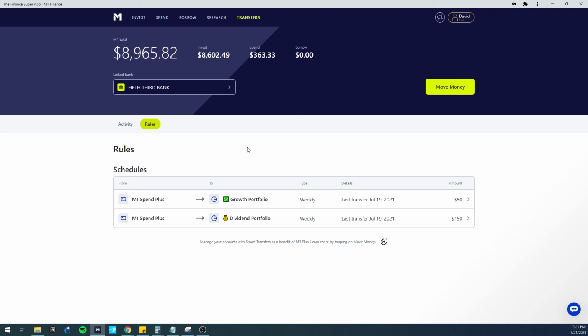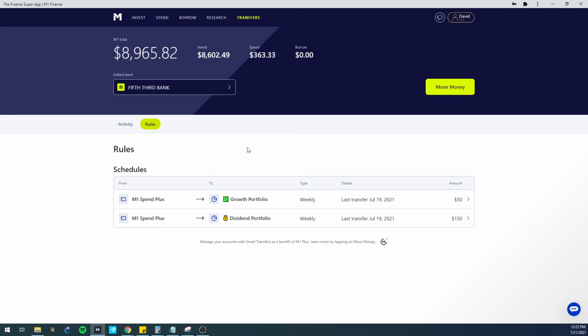Even if you don't use M1 Spend, and your bank is JP Morgan or Fifth Third or Bank of America, or Citigroup, or any of the other banks, you can still set up this schedule. It'll transfer money from your bank account to your M1 Finance investment portfolio, and then it'll automatically invest that money that you transferred.